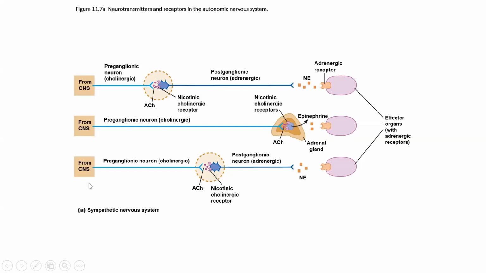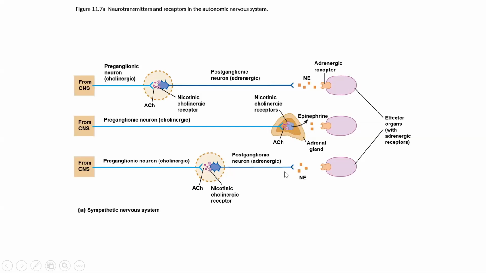And then the third route of communication, we've also got a preganglionic neuron, also releasing acetylcholine that will bind to, again, a nicotinic cholinergic receptor, a fast receptor, which will then stimulate the release of norepinephrine from this second neuron.